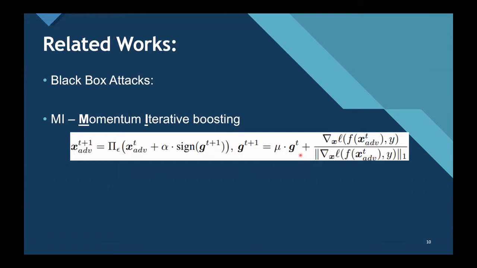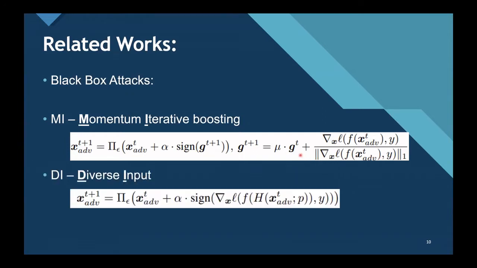It incorporates momentum into the gradient computation. And the diverse input method, we saw this in the same paper. The diverse input method does transformations. If you recall, they do random upscaling and random cropping with probability p, and they do this for computing the gradient sign and to update the iteration.